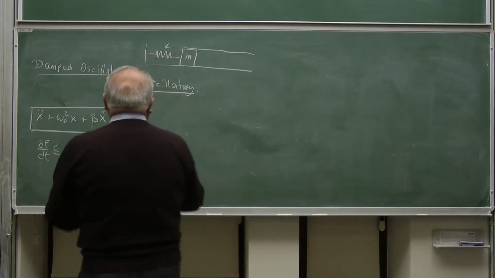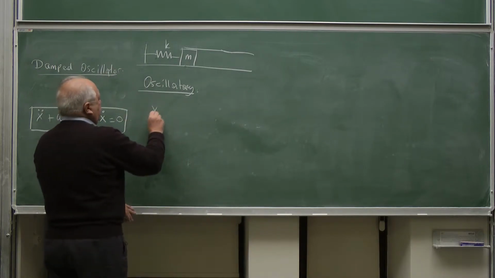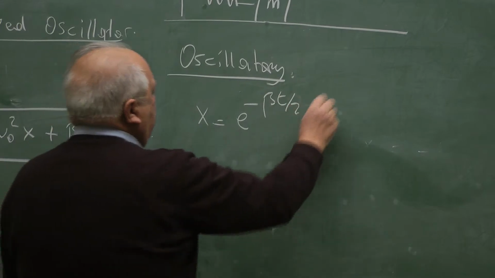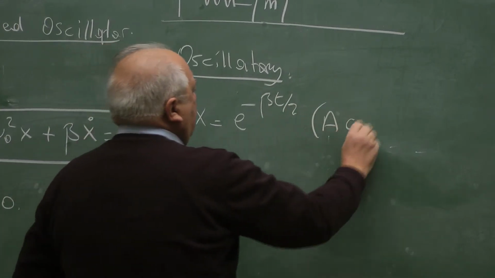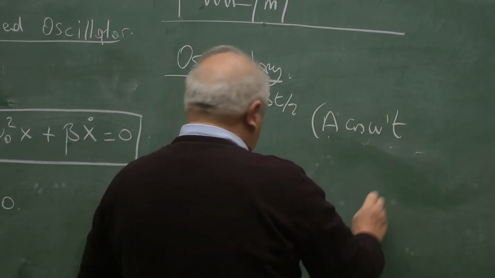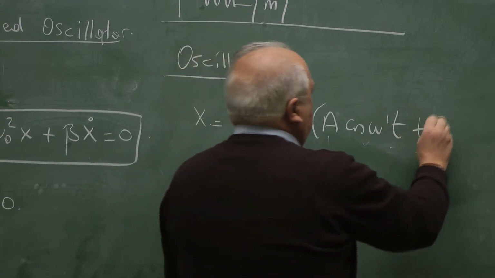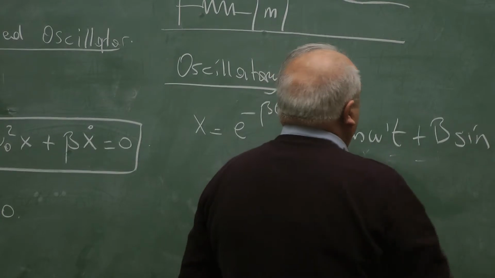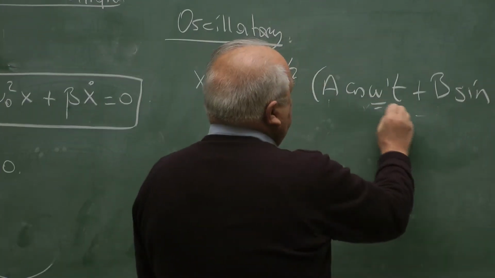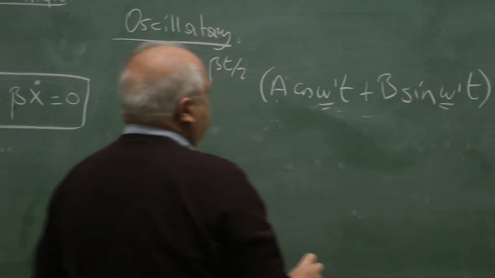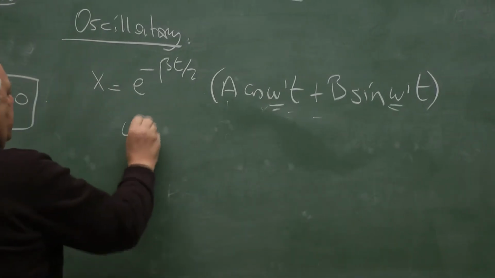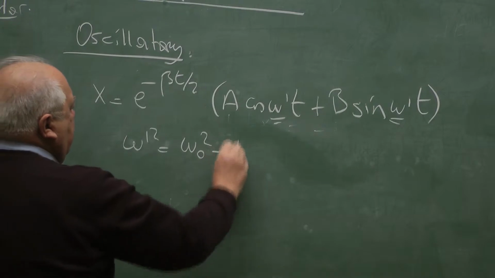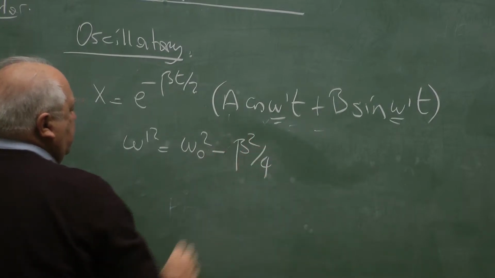Okay, the solution reads like this. X equals... notice that I am putting here another frequency, and omega prime square is given like this, omega 0 square minus beta square over 4.